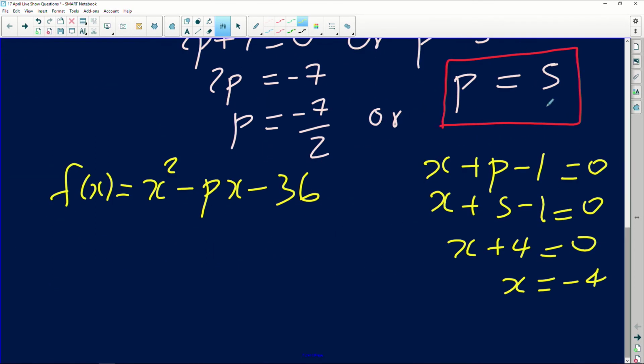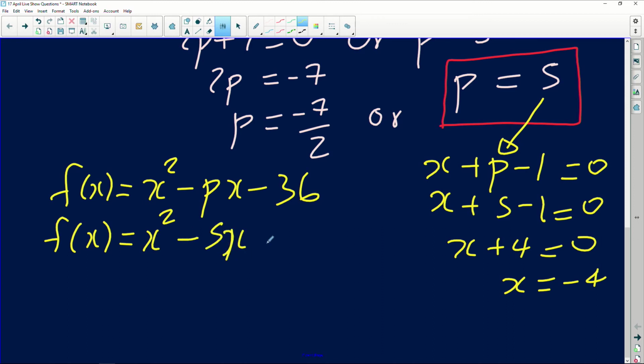So my p-value is 5, and then when I sub 5 here, I'm going to get an x value of negative 4 as a root. So I'm going to see what's going to happen when I put this into my given function. x squared minus, we did say that p is 5, so I'm going to write 5x here, minus 36. So if I sub negative 4 in this function, the answer that I'm going to get here must be 0. If it doesn't become 0, then it means we have a problem.